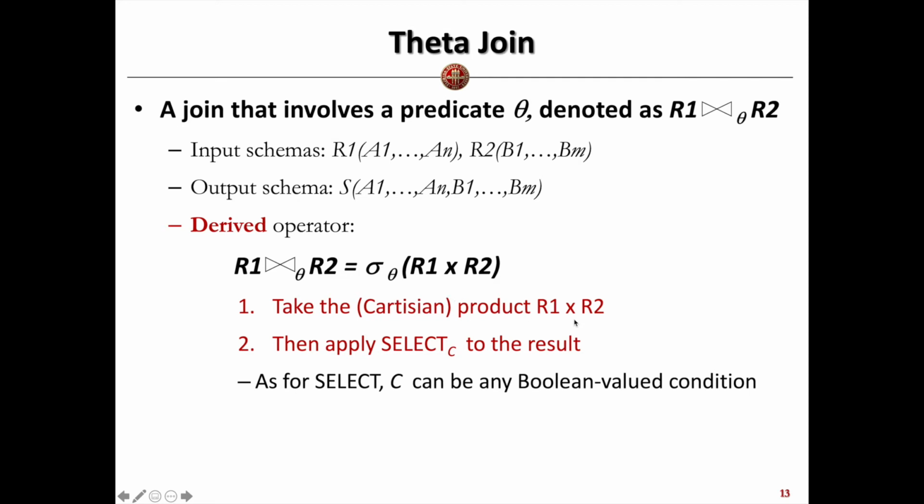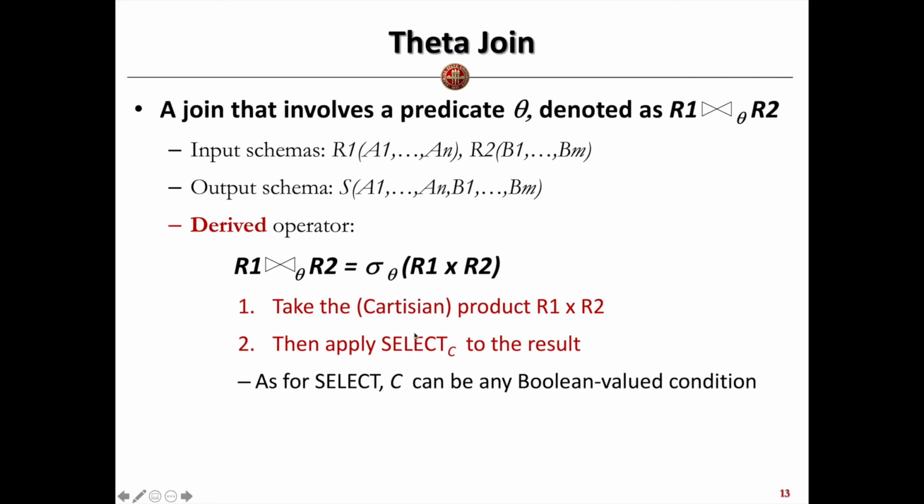Before, we mentioned the product can be very expensive in both time and space cost. However, if we do some selections here, we can shrink the number of rows in the output, and the columns still remain the same as the product of the two relations, I mean the number of columns in the output.